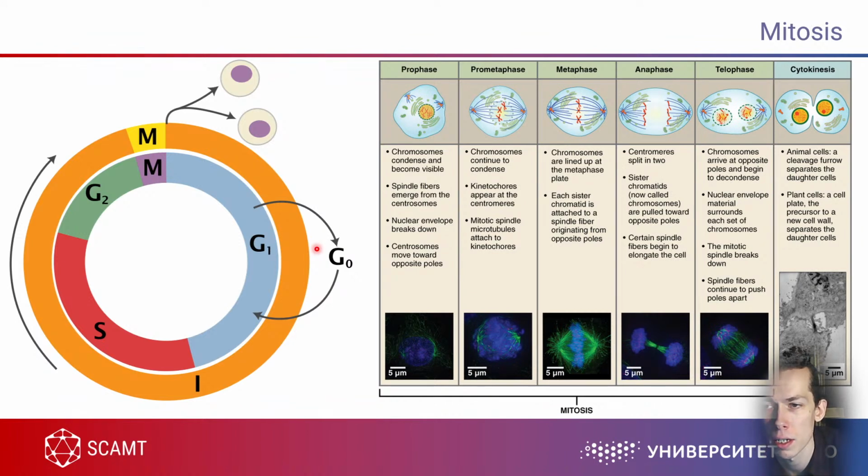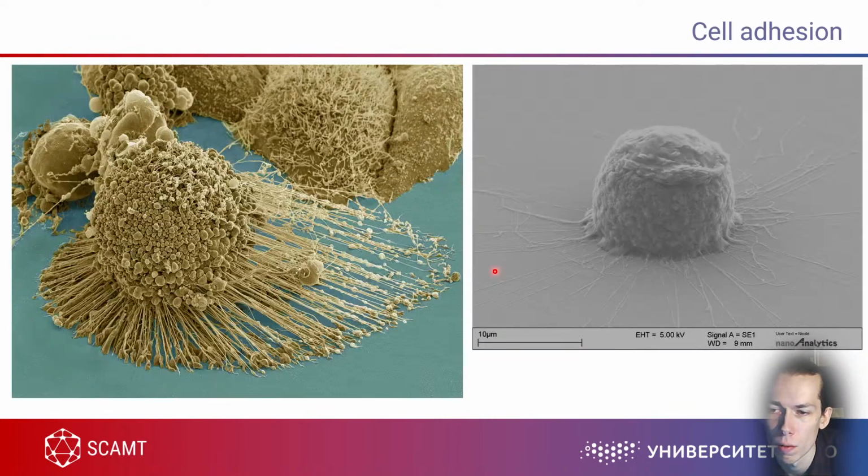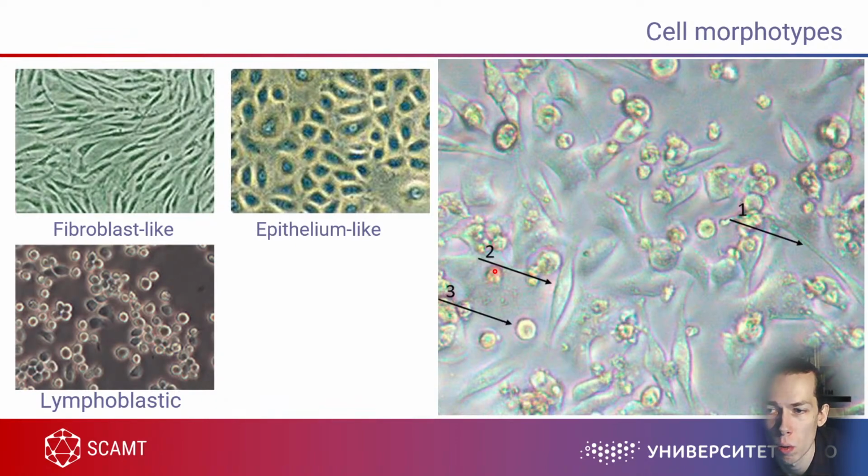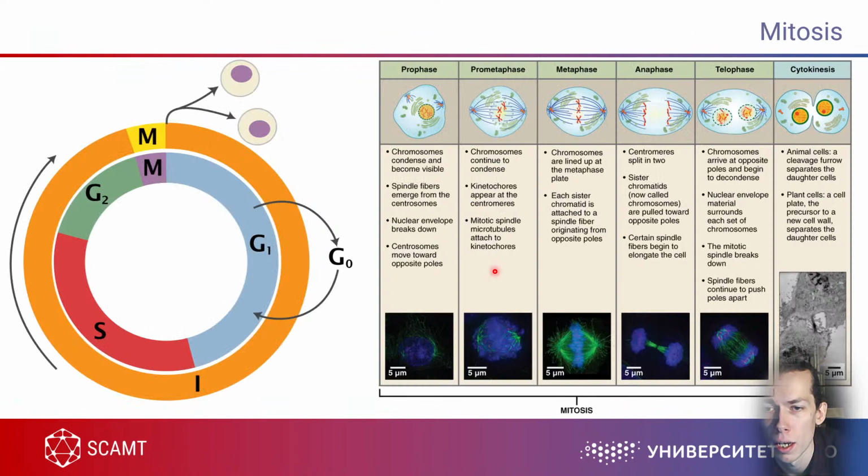But most of the cells which undergo division, for example, HeLa cells or some other cancer cells, go constantly through this cycle. For example, after mitosis at G1 phase, the cell will accumulate some nutrients to provide some energy, some sources to go to S phase.